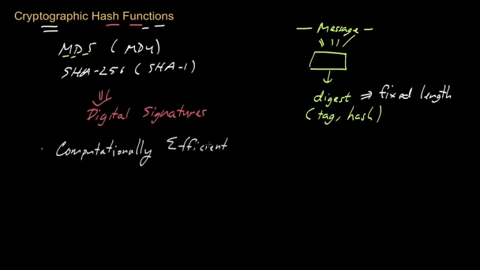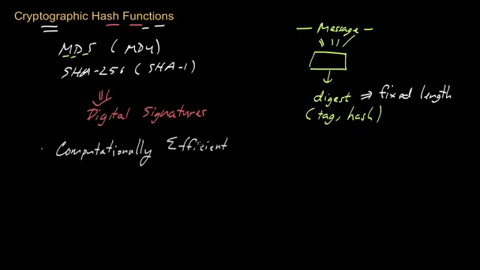If you're given a message and you want to apply this set of transformations to get a digest, that should not take a long time to implement on a computer. It should be very fast, or relatively fast. It almost goes without saying, but I think it is important to stress it, because I've seen people come up with grossly inefficient hash functions sometimes, and those would not be considered suitable when cryptographic hash functions are used for cryptographic applications.